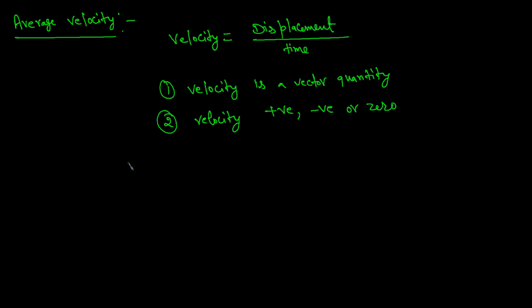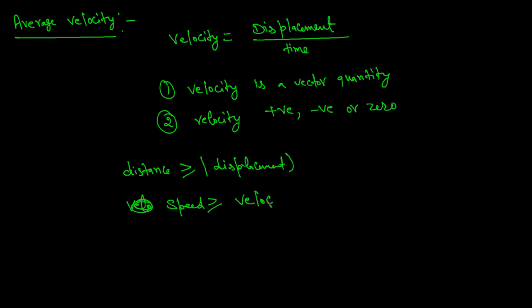Third thing is, if you remember, distance is greater than or equal to the magnitude of the displacement. That means speed is going to be greater than or equal to the velocity.